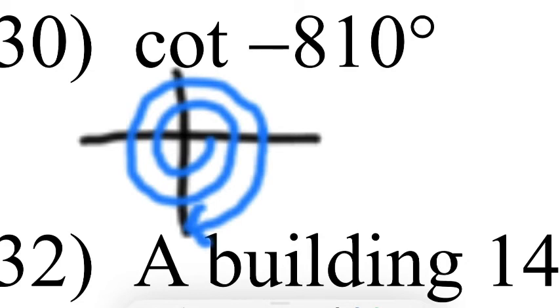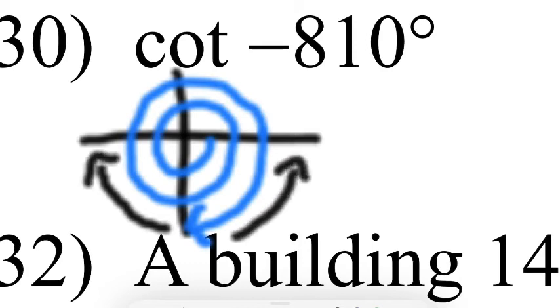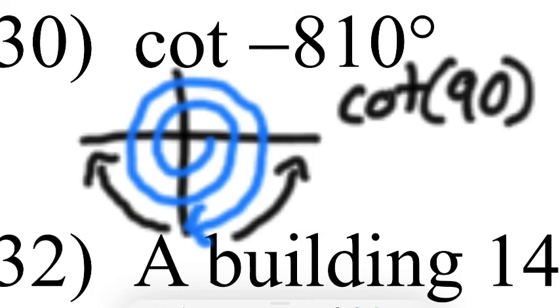So your reference angle, you're looking at 90, because to get to either the x-axis on the left side or the x-axis on the right side, it does not matter. You still have to go 90 degrees. So you're looking for cotangent of 90.